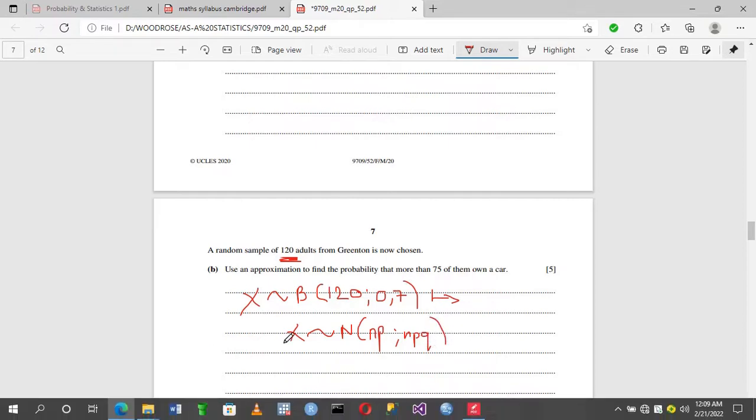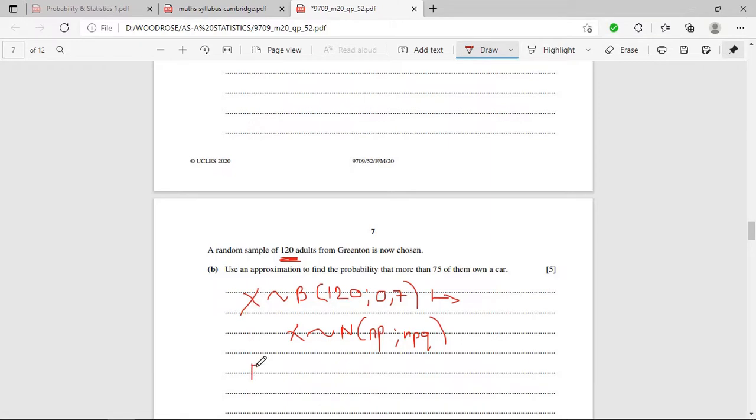So then you have to find the probability of more than 75. So our x is more than 75. Then what do you do? You use continuity corrections. Then you complete.